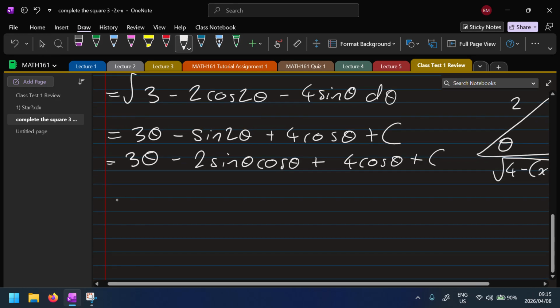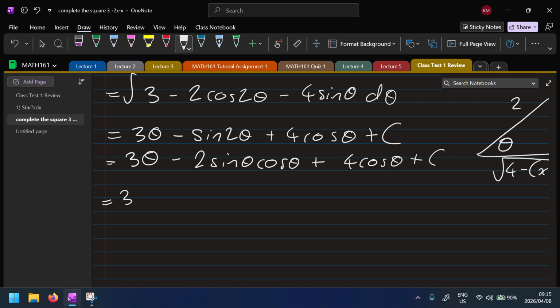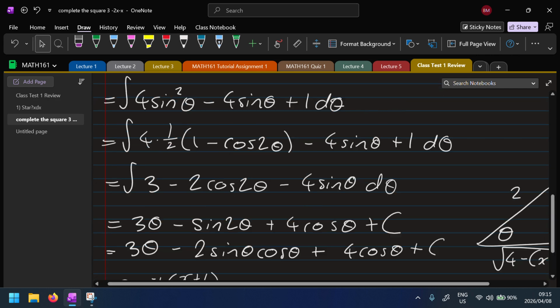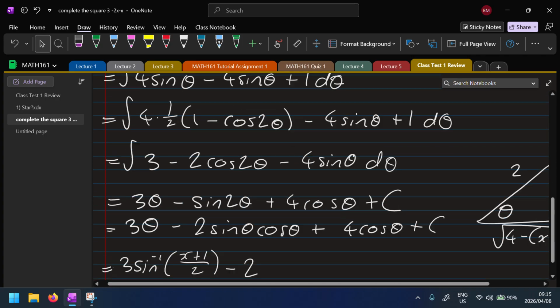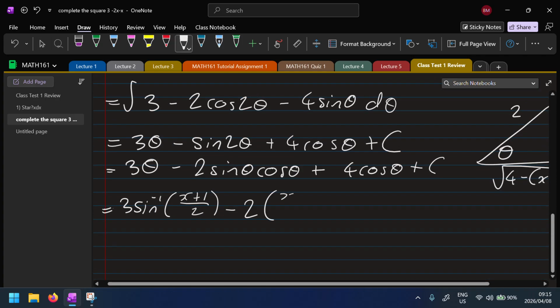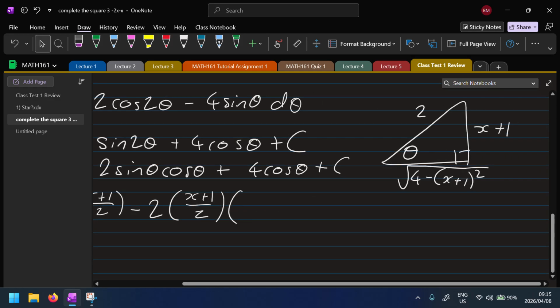And then finally substituting, so we have 3 theta, that will be arc sine of what we had before. Minus 2 sine theta, x plus 1 over 2, like we had before. Cos theta, we just read from the triangle.